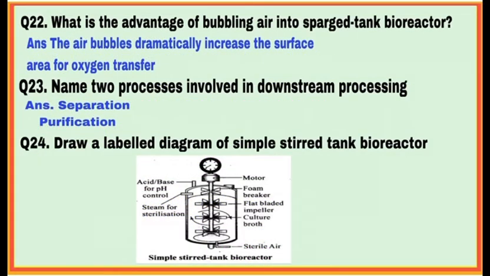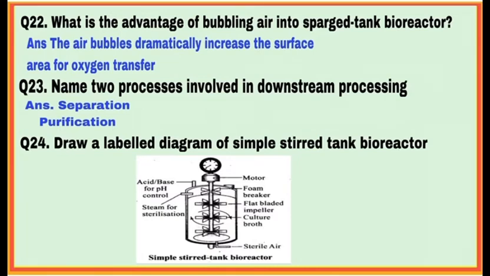Question 22. What is the advantage of bubbling air into sparged-tank bioreactor? In sparged-tank bioreactor, sterile air bubbles are sparged which dramatically increase the surface area for oxygen transfer. Question 23. Name 2 processes involved in downstream processing.